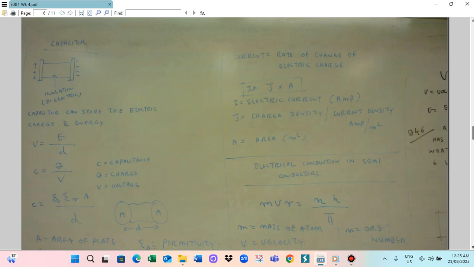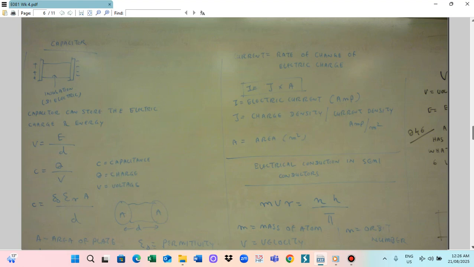Now when the electric current is flowing, we also calculate the electric charge density, because the electric charges accumulate in the surface area. We call this the charge density. The charge density and electric current relationship is given by the equation I equal to J multiplied by A. I is the electric current, with unit ampere.